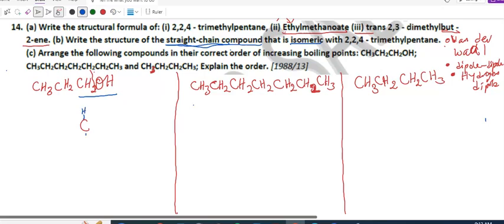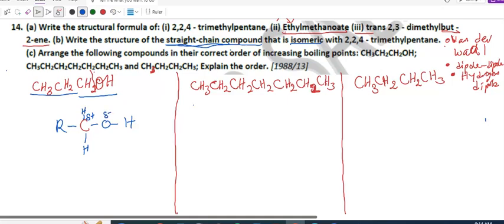Oxygen attached to carbon, then I'll leave this as R. This one is the alkyl group completely, so we don't have a problem here. This is a polar compound because there is a dipole existing between carbon and oxygen.